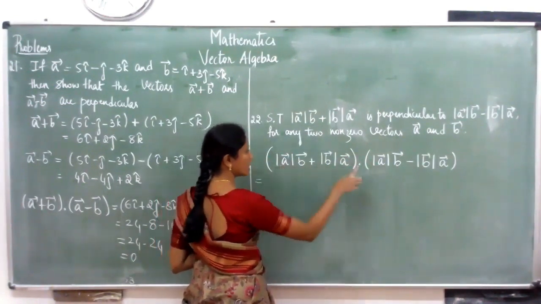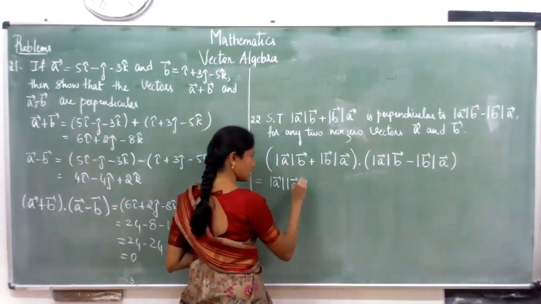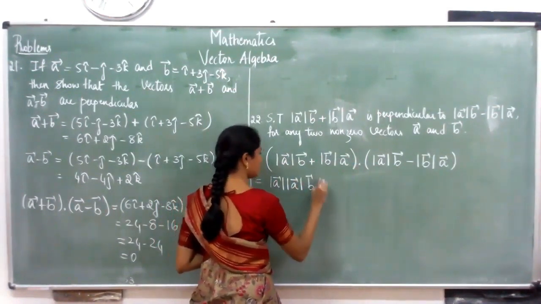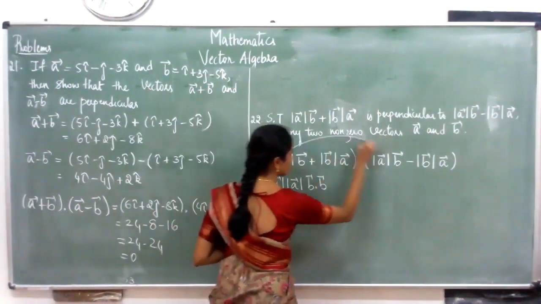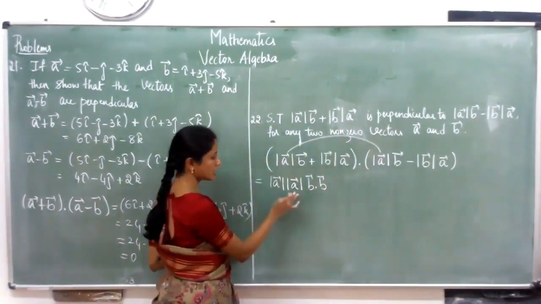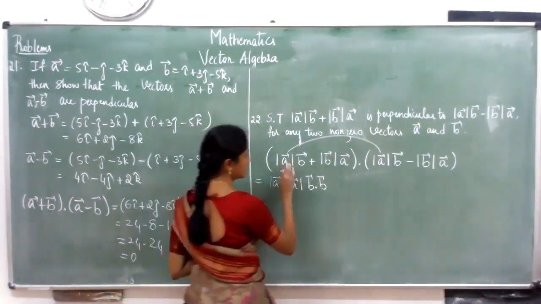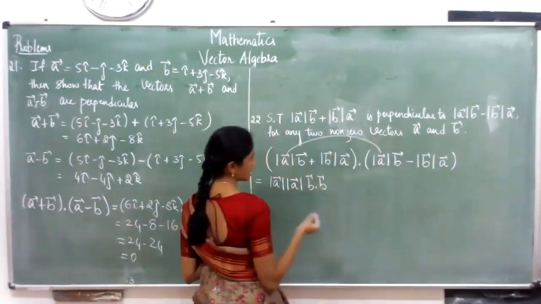So finding the product, this with this one I am going to multiply. So magnitude of vector A dot magnitude of vector A, then we have vector B dot vector B. So when I find the product, this with this one, you get magnitude of vector A, magnitude of vector A, then vector B dot vector B. Then this with the second term of the second vector.